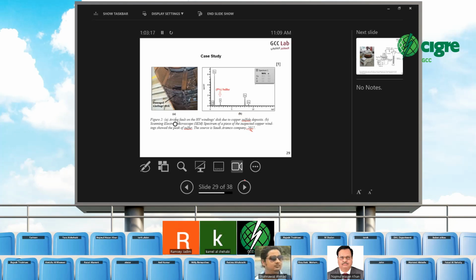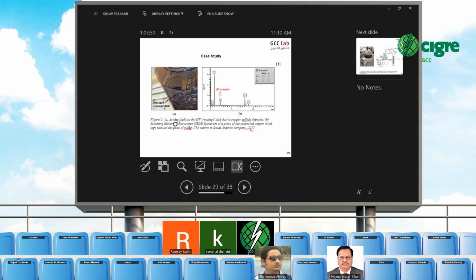In Aramco, we found that there was some problem with corrosion, but at that time we didn't know exactly what kind of problem it was or how it happened. They got damaged in the winding, and then we took one, cut something from the winding, and used a SEM instrument to see.